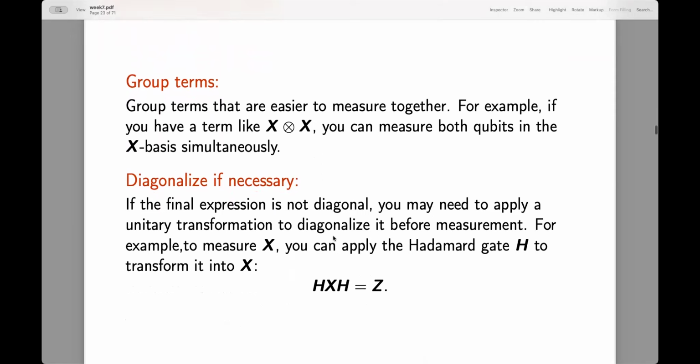One of the things we have already met is this term here, where you have a Pauli X matrix. Since we have this basis here, we can just perform a Hadamard transformation. And then we can transform a Pauli X: X is equal to Hadamard times Z times Hadamard.